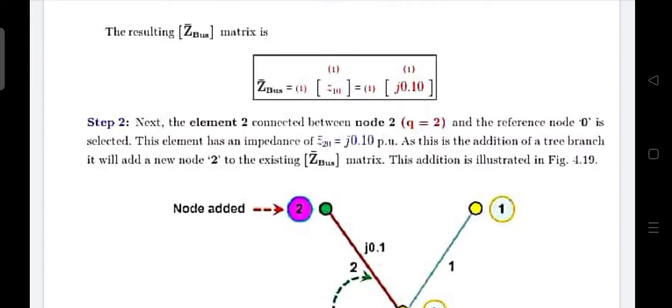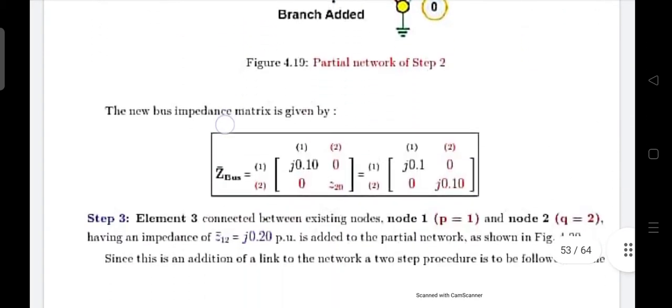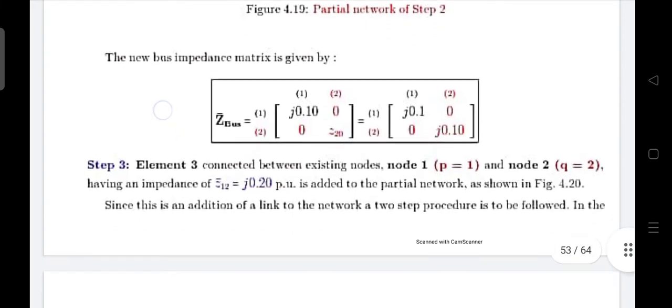So here we can see our new Z bus is equal to the old bus matrix, 0.1, with the row and column of the new bus 0, and the diagonal value the same as the new bus impedance. Now for the third step, we are connecting element 3 between existing nodes, node 1 and node 2.